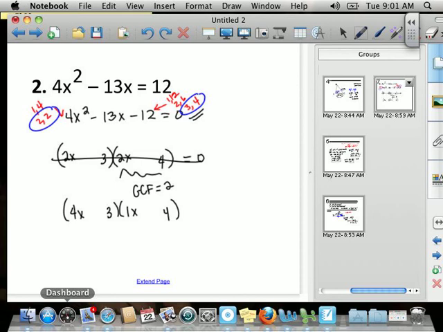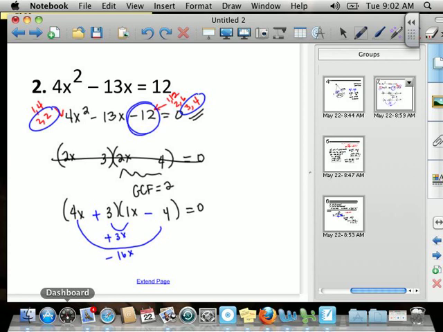I know my signs have to be opposite because they need to multiply to be a negative 12. So I need a plus and a minus. This is where I always check my outer and inner terms. Right now I have 3x and I have 16x. Is there any way to combine 3x and 16x with opposite signs to get negative 13x? Like, how can I add those with opposite signs? Negative 16 and positive 3, right? So I need plus and I need minus.